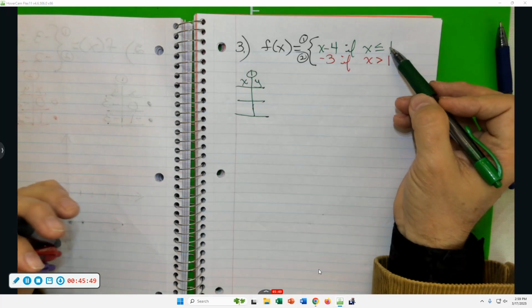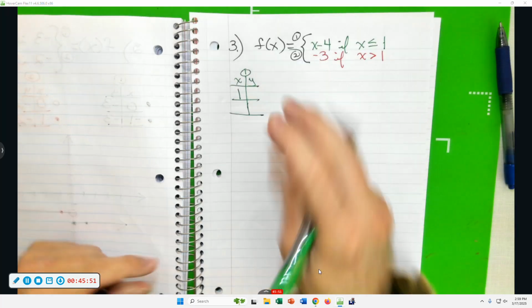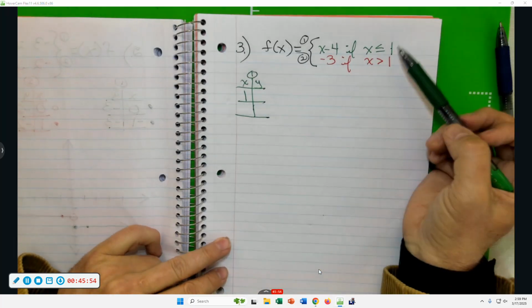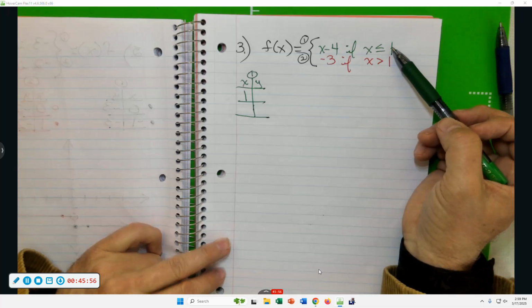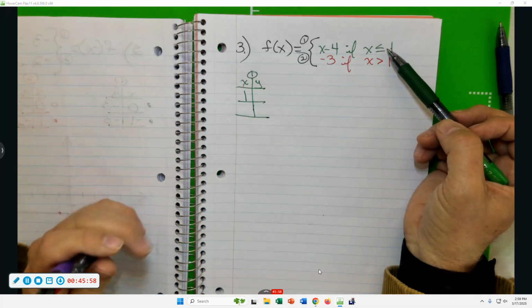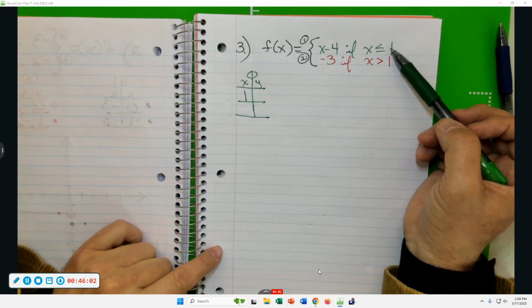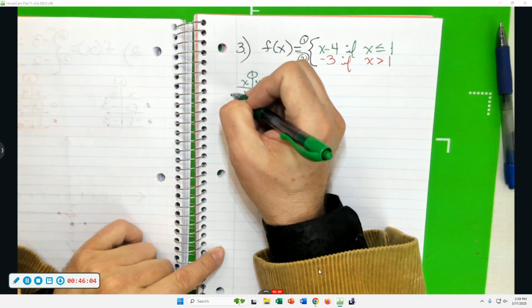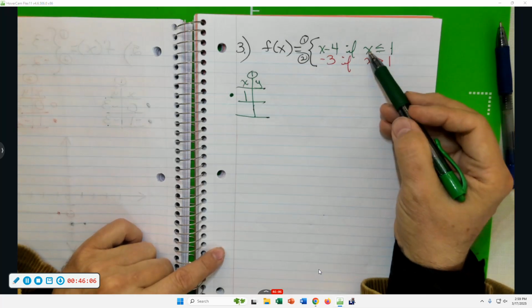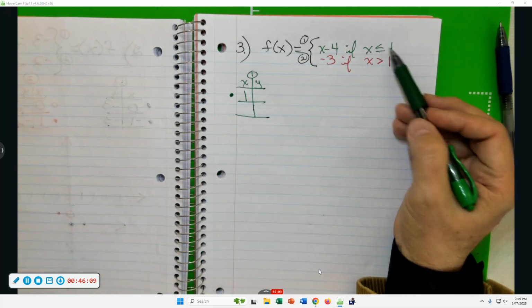I must plug in 1 for x because that's my cut point. It appears in the inequality. Now when you're labeling cut points, it's either open or closed. What will it be in this case? Closed, because there's equality.